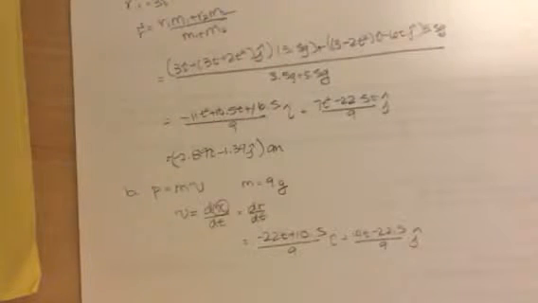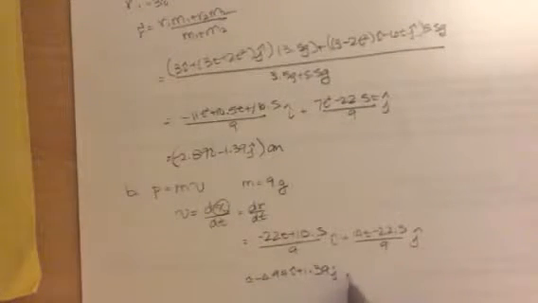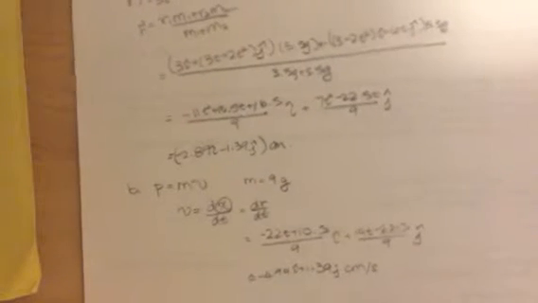Again, you plug in 2.5 seconds to get the velocity at 2.5 seconds, and that should give you approximately negative 4.94i plus 1.39j in centimeters per second.